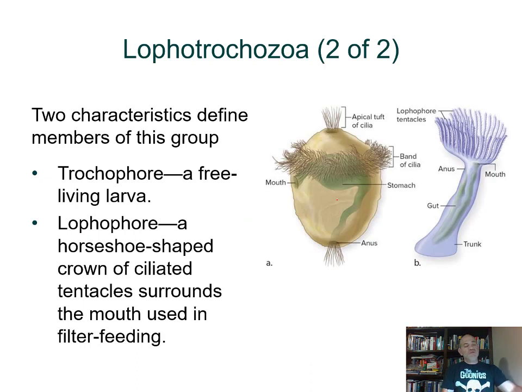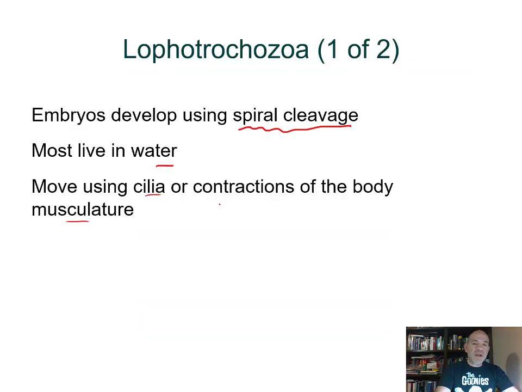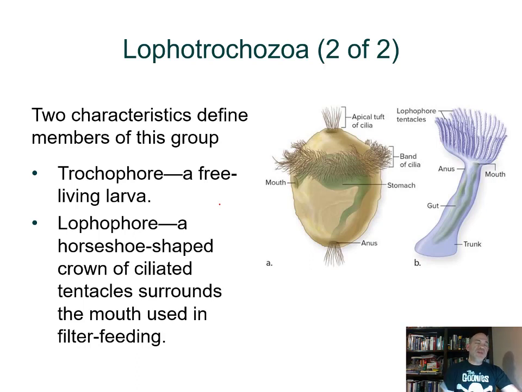Now, this is where this group gets its name, because not all members, this is more true of the Lophotrochozoa, that group earlier. So that would be right here, this group here. So not all of them, but within this group here, which again was formerly called the Spiralia, the group gets its overall name because of characteristics that we see either in the larval stage or in the mature stage.